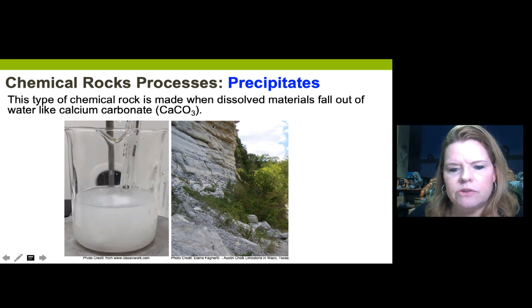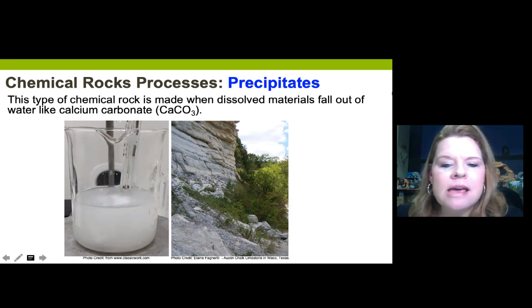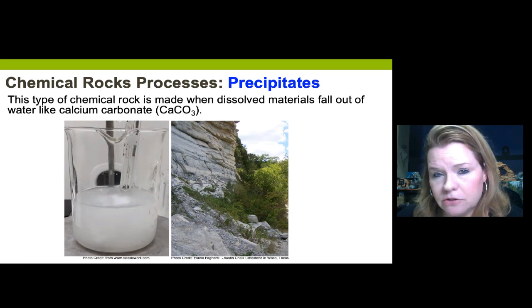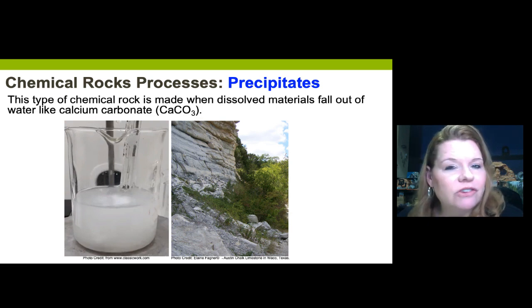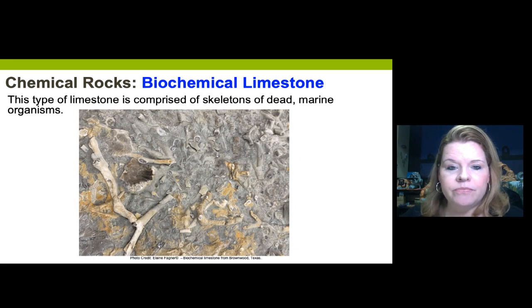And that is what's going to make up this. And I will also tell you they're microscopic dead organisms in this. So this is at Lover's Leap in Waco, Texas. It is a big outcrop of the Austin chalk limestone, which is Cretaceous in age. And it's made up of precipitates and microscopic dead animals.